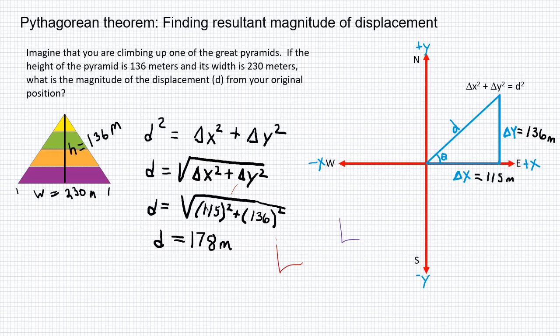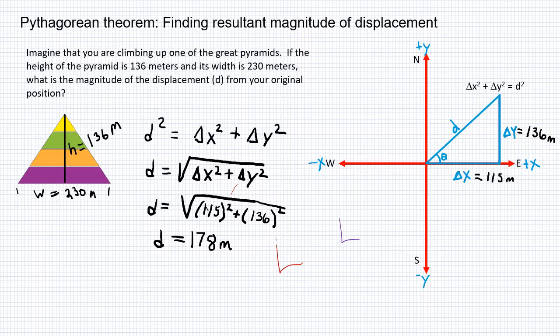The height from the center to the top is 136 meters from the ground to the very top of it. And the width of the whole base of the pyramid is 230 meters. And you're climbing up the side, any of the sides of the pyramid. We want to know the magnitude of the displacement from your original position.